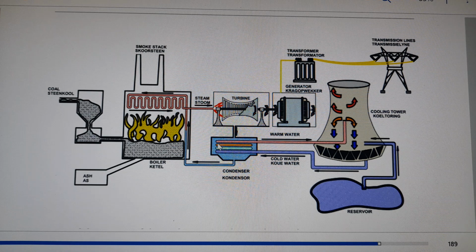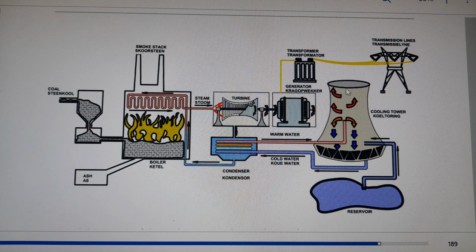And then the other water that is still hot as steam will go to the cooling tower. You see, steam will go to the cooling tower, and condensation will still take place. Normally you will see something like smoke coming out of the cooling tower.